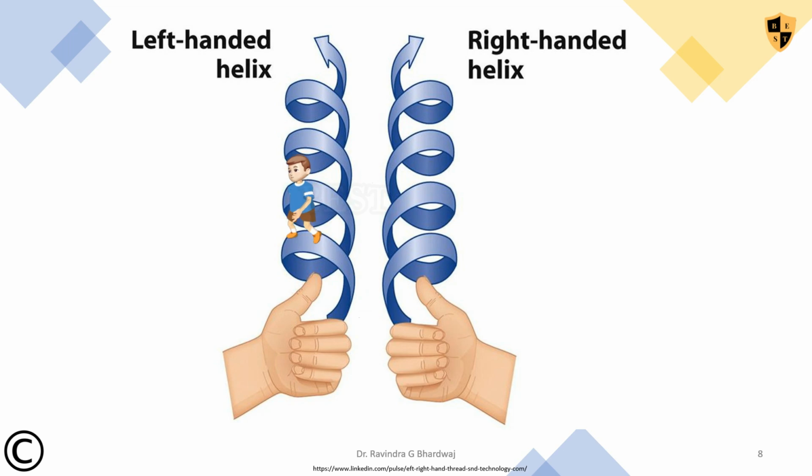That is a left-handed helix. In a right-handed helix, you are moving from left to right to a higher position, right? So these are the two ways we can tell a left-handed helix from a right-handed helix. By using this, we can interpret what type of screw dislocation it would be.